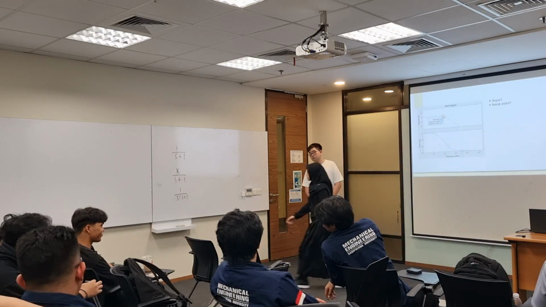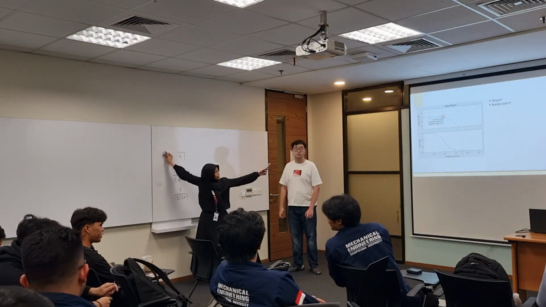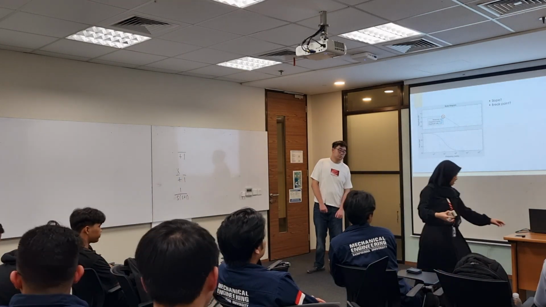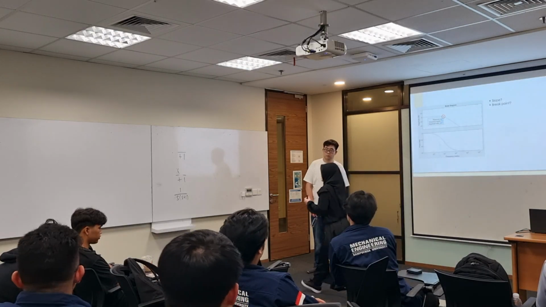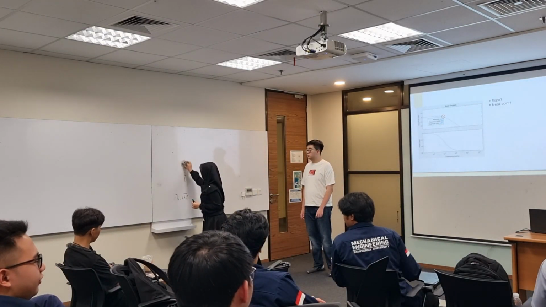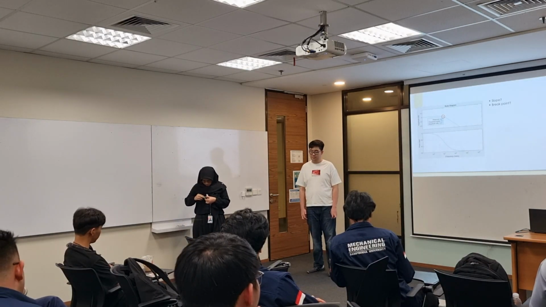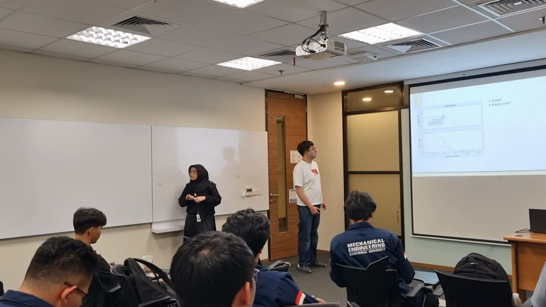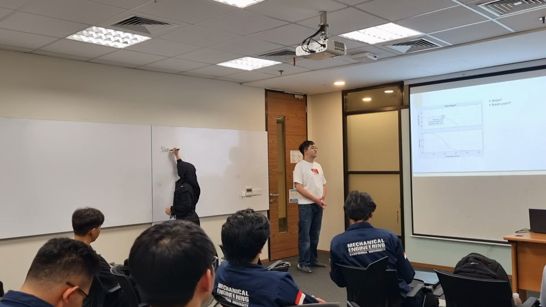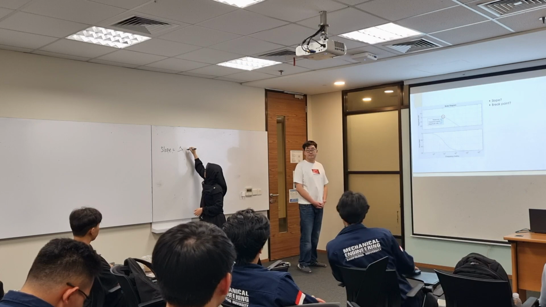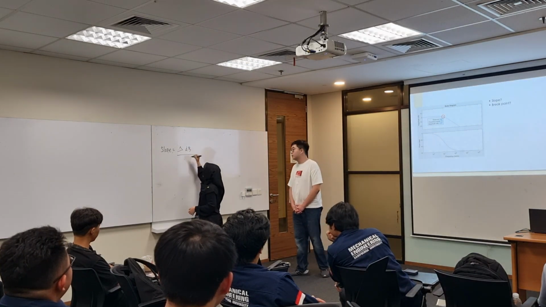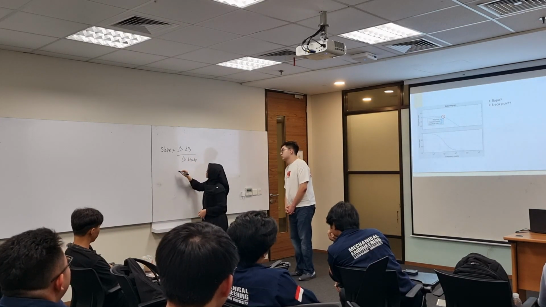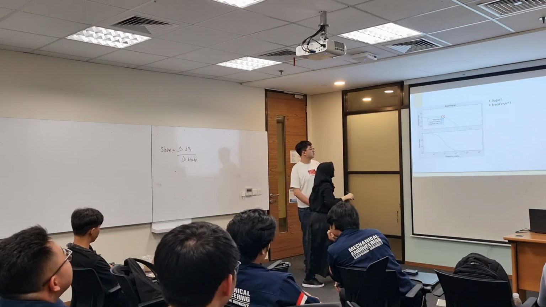Can you read it? So here, the slope is delta over what is the difference between the decibels here?